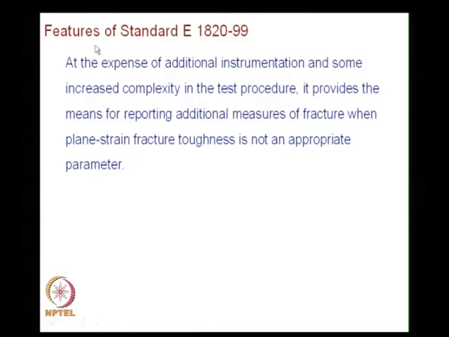Now, we move on to features of standard E1820-99, and what it does is, at the expense of additional instrumentation and some increased complexity in the test procedure, it provides the means for reporting additional measures of fracture when plane strain fracture toughness is not an appropriate parameter.